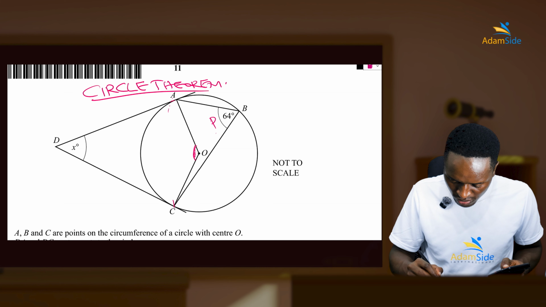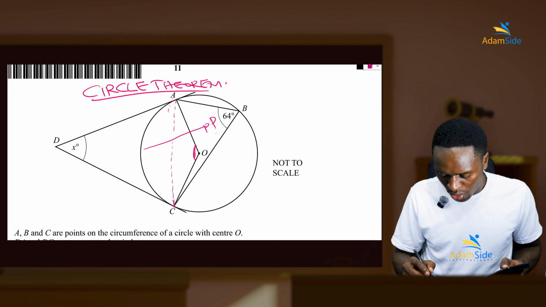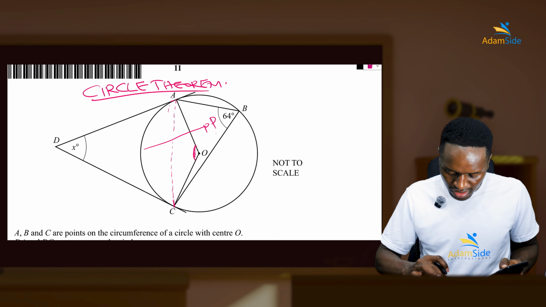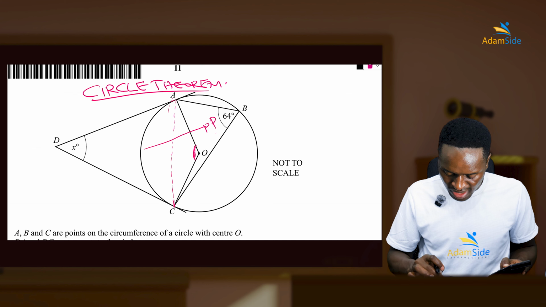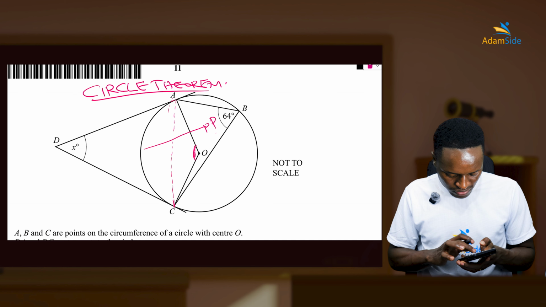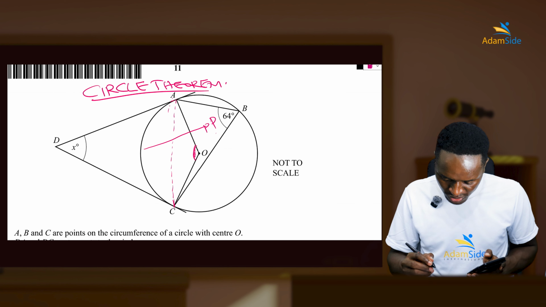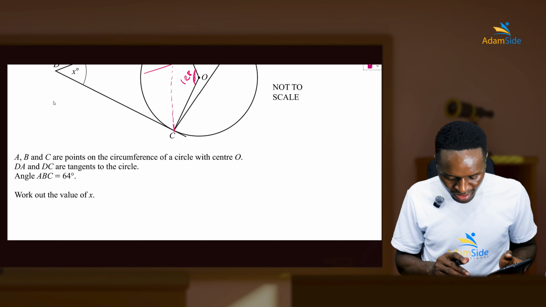We have arc AC which closes that, and we have that chord AC. Therefore, 64 times 2 is 128.